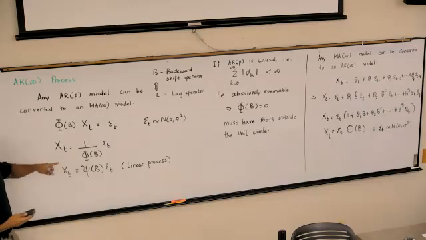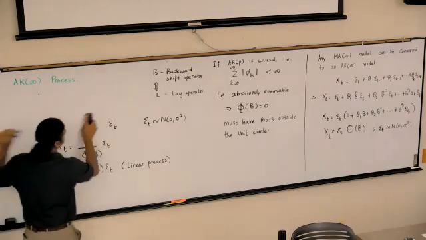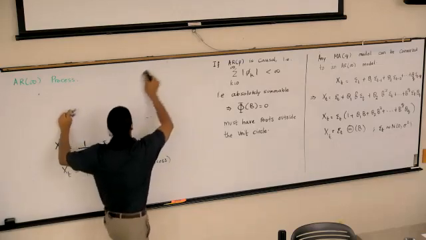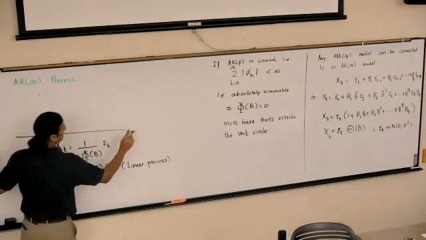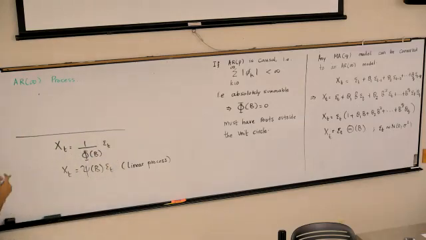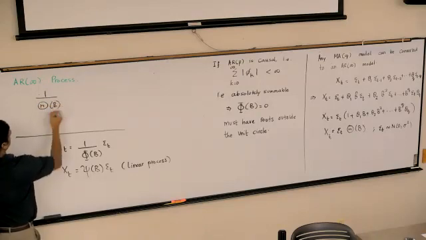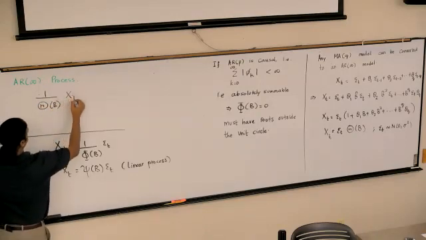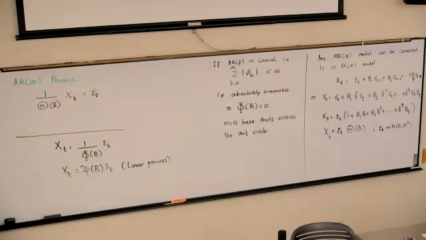What I'm going to do now is pick that equation. Just like I divided it in that case, I'm going to do the same thing over here. Divide by uppercase theta of B: X_t equals epsilon_t.